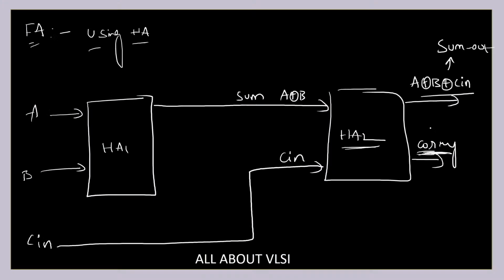If you solve it, carry is nothing but A dot B, where A is equal to A XOR B into B is nothing but C. This is what our carry is.